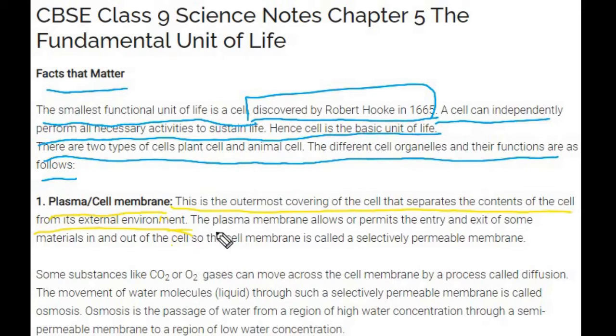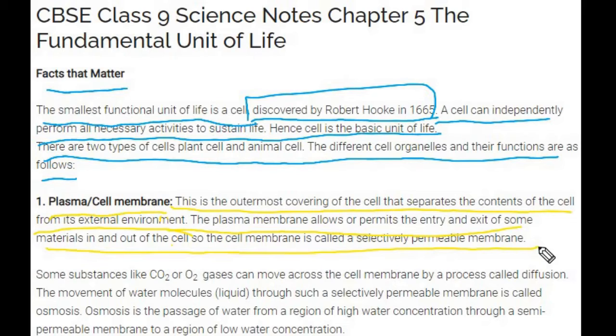The plasma membrane allows or permits the entry and exit of some materials in and out of the cell. So the cell membrane is also called a selectively permeable membrane, as we have read in the chapter also, because it allows only some type of substances to move in and out of the cell.